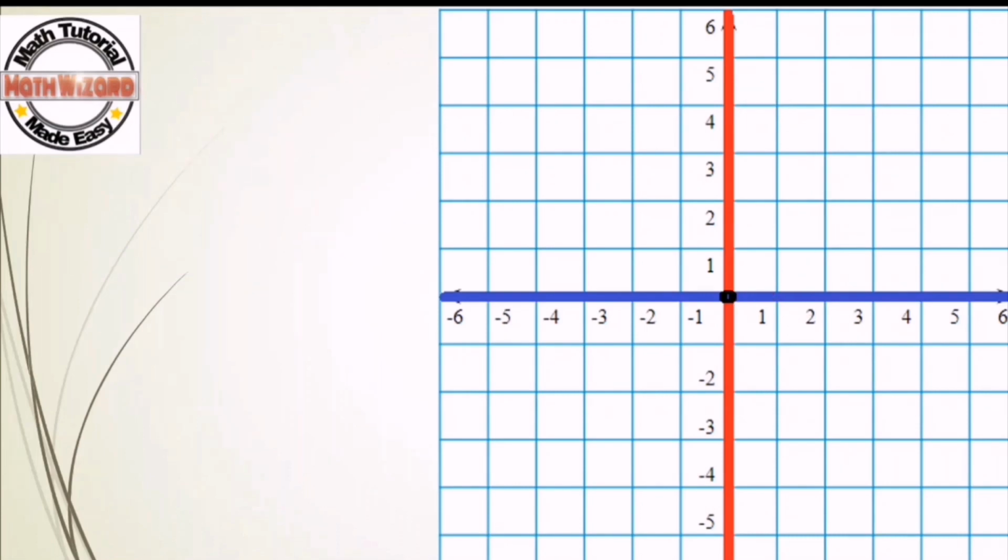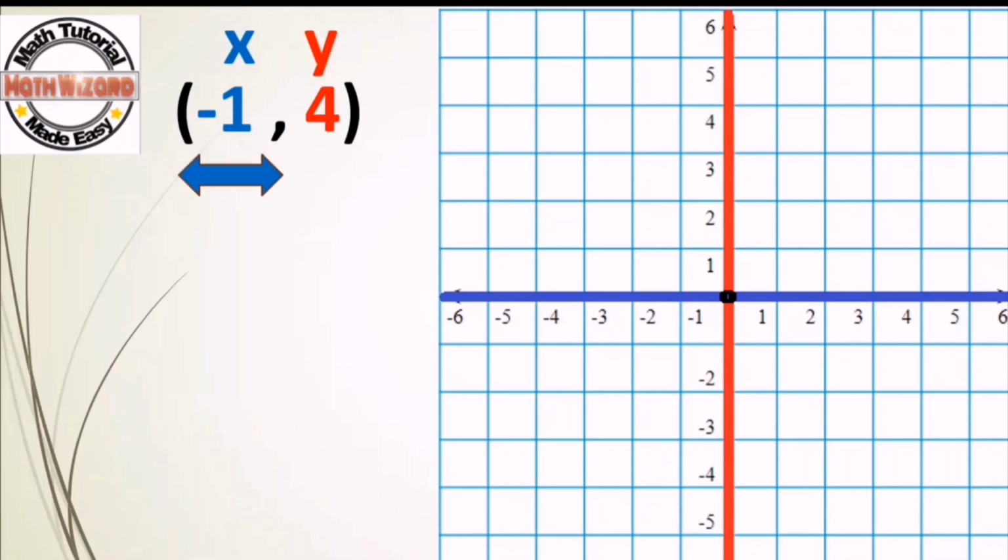Now, let us try another: (-1, 4). The first thing that we need to do is to identify the value of x and the value of y. The value of x here is -1 and the value of y is equal to 4. We all know that x will help us direct whether it is from the left or from the right.